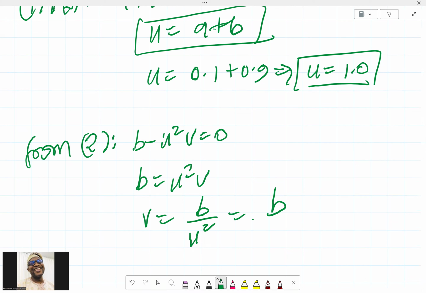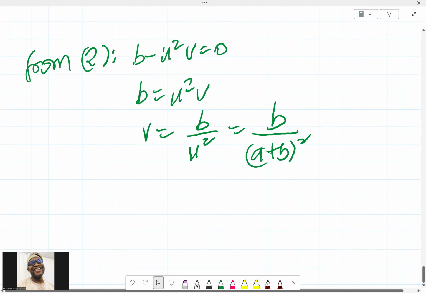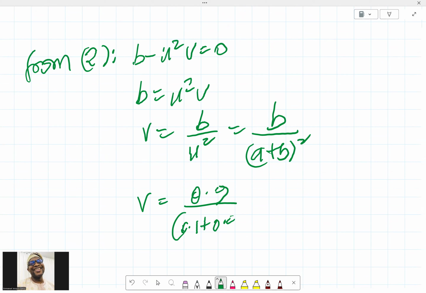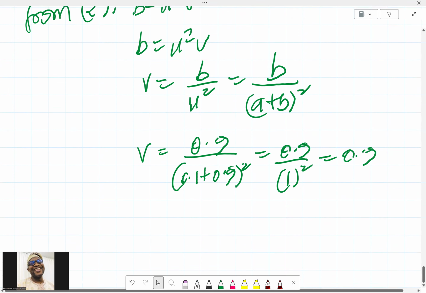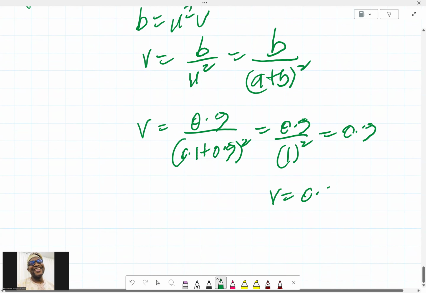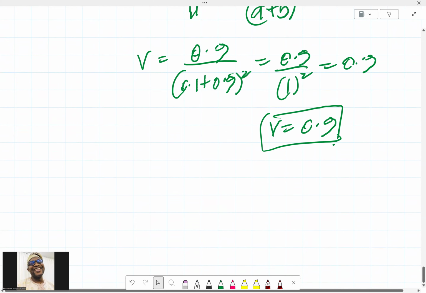So v is b over u squared. That means b all over a plus b all squared. We know b is 0.9, and a plus b is 0.1 plus 0.9 all squared. That's 0.9 all over 1 squared, and that is simply 0.9. So we have v to be 0.9. Keep that.